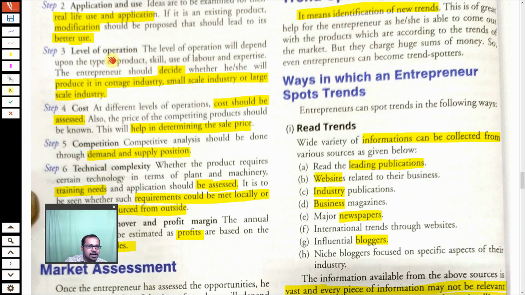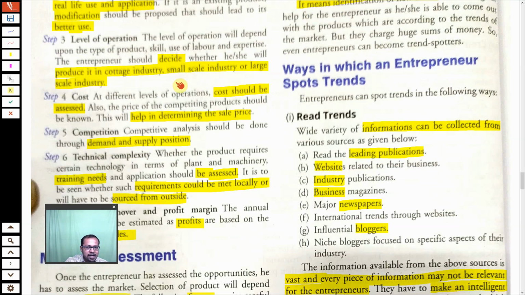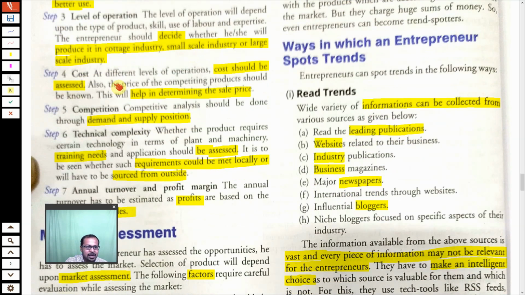Product decided, okay, it is practically useful too. Now you need to decide the scale, whether you want to produce on a small scale, cottage industry, or very small scale, that is home or cottage industry, or small scale or large scale. It will depend on your budget and how much risk you are willing to take.